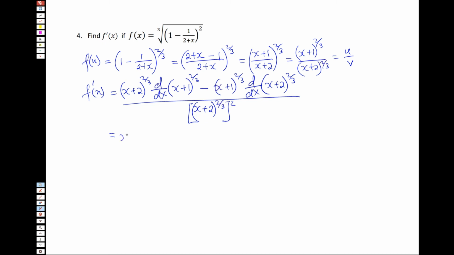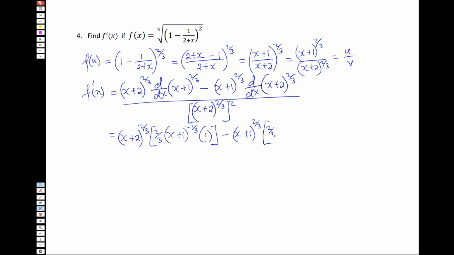So that will be x plus 2 to the power 2 over 3 multiplied by, apply the chain rule, 2 over 3 comes in front, so you have x plus 1 to the power negative a third, because 2/3 minus 1 is negative a third. If you differentiate inside, you just end up with 1, so that doesn't make any difference. Minus x plus 1 to the power 2 over 3 multiplied by the derivative of the inside.